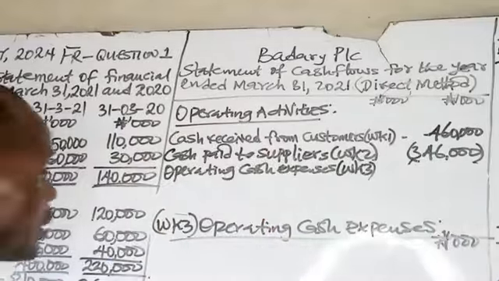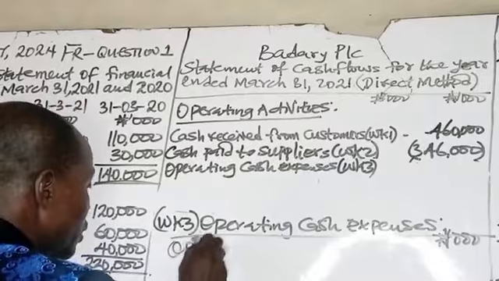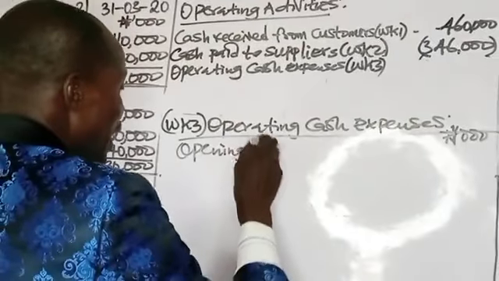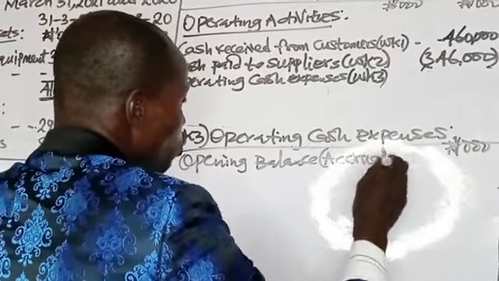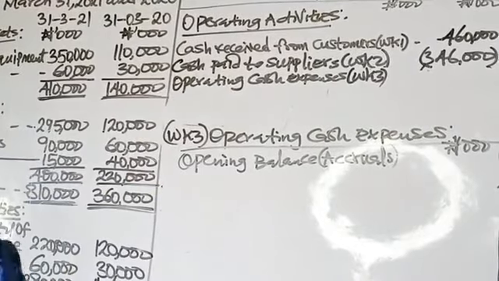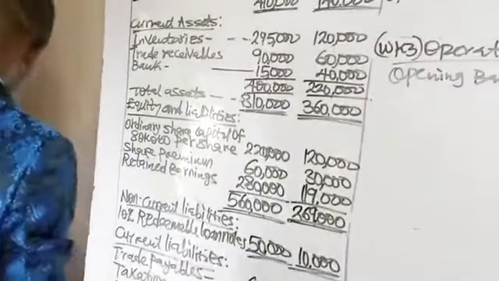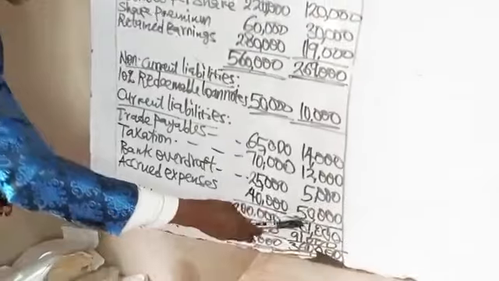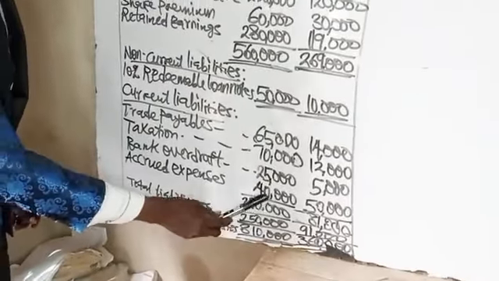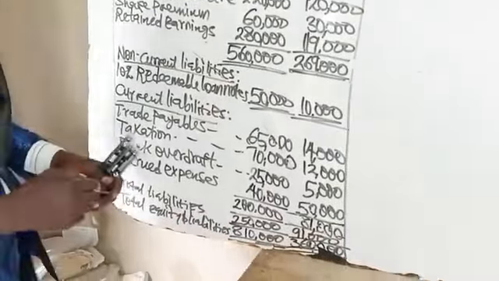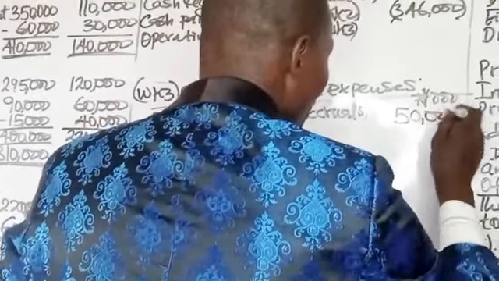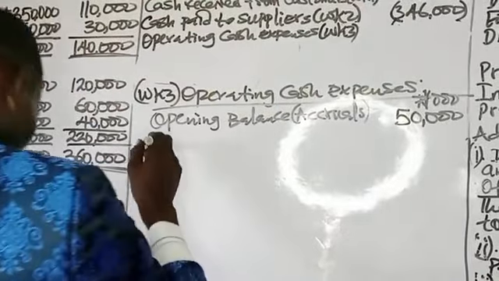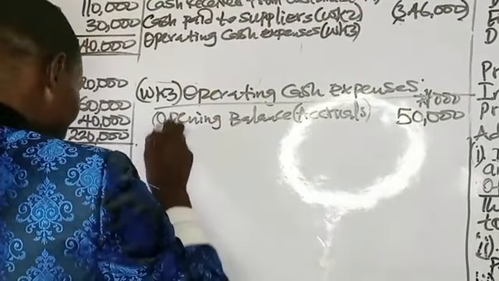As usual, we normally start with the opening balance. In case you have opening balance in respect of accruals, which will be found under current liability, and how much is the opening balance? We have accrued expenses. Opening balance amounted to 50,000, while the closing balance amounted to 40,000. So opening balance now, 50,000.